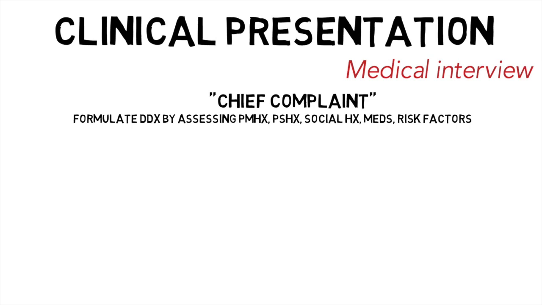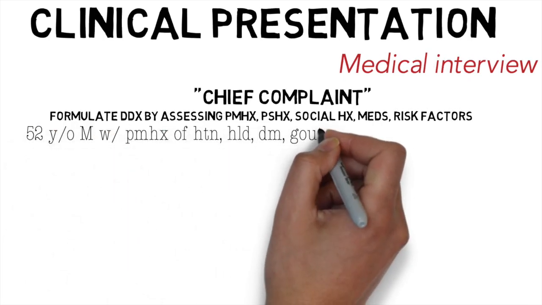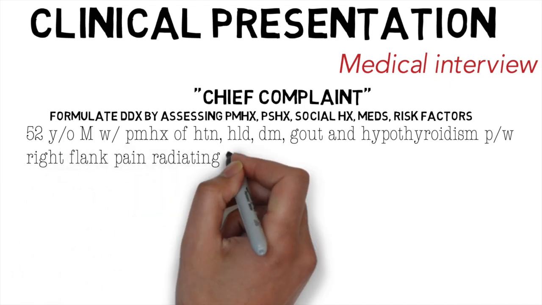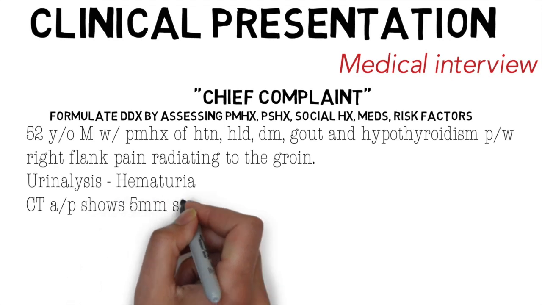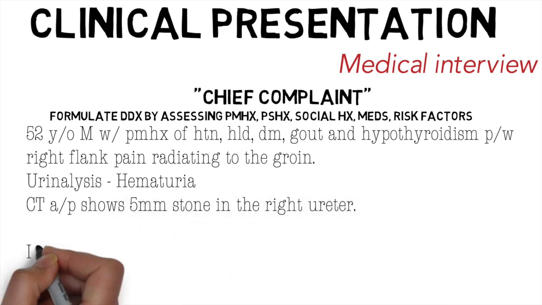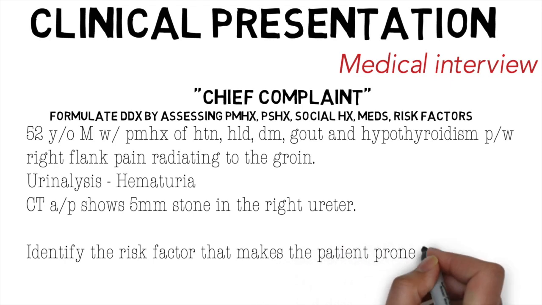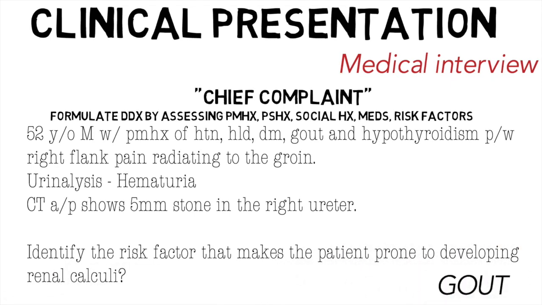Now let me give you guys an example. Let's say a 52-year-old male comes in with past medical history of hypertension, hyperlipidemia, diabetes, gout, and hypothyroidism, complaining of right flank pain radiating to his groin. The UA shows that he has hematuria, and the CAT scan shows that there's a 5 mm stone in the right ureter. And the question might ask you, which is a risk factor for developing renal calculi? Again, the purpose here is to get you in the mindset to ask the right questions for each pathology.